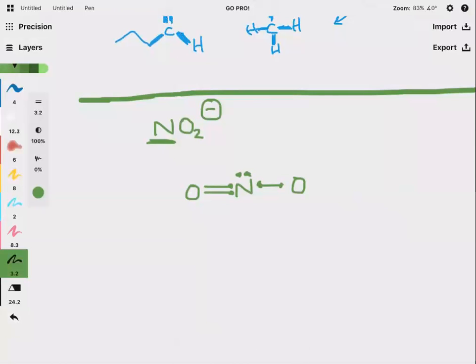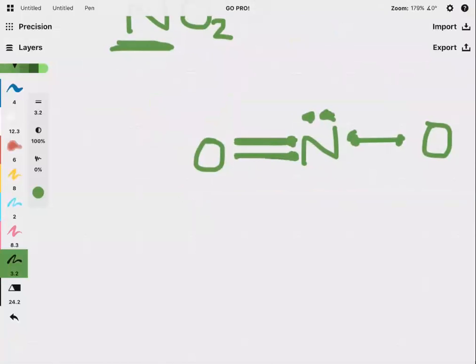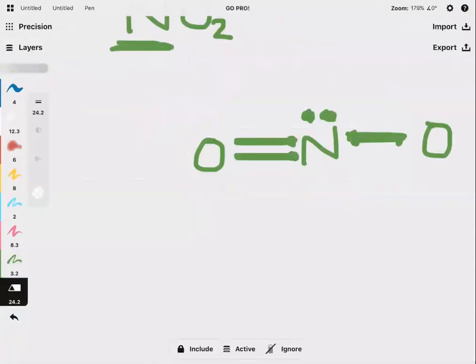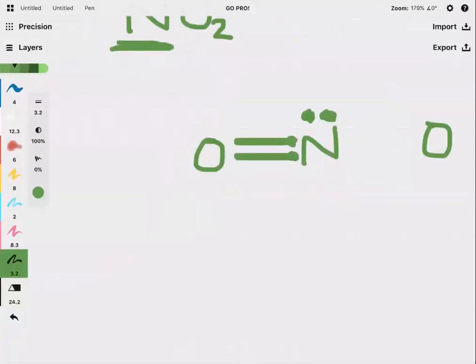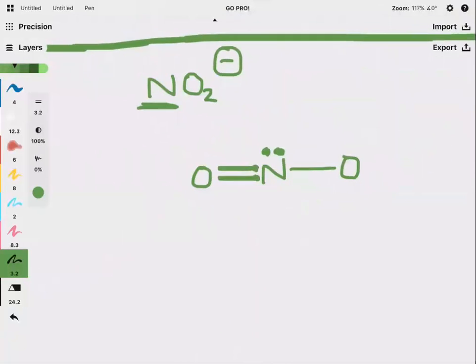And let's count up how many total electrons it has and that it's sharing. Well, right here, there's 2, there's 4, there's 6, and there's 8, right? That's a single bond. I know I drew it pretty thick, but there's your single bond. So the octet rule for the central nitrogen is fulfilled.